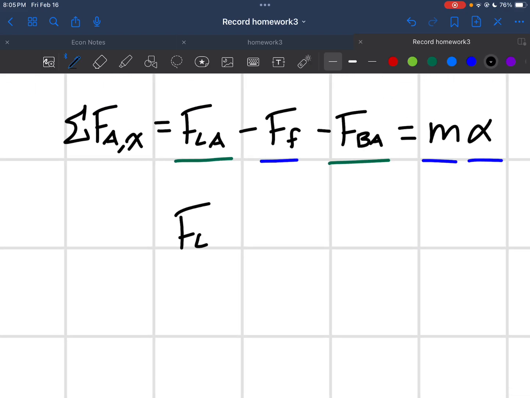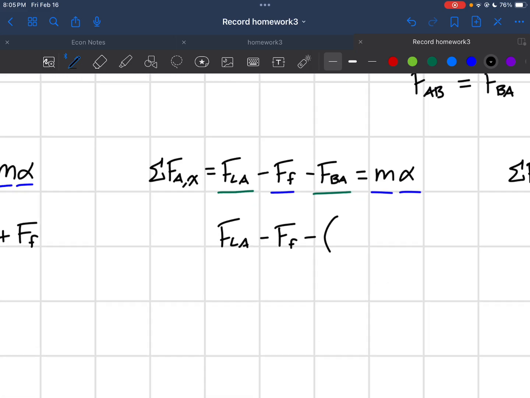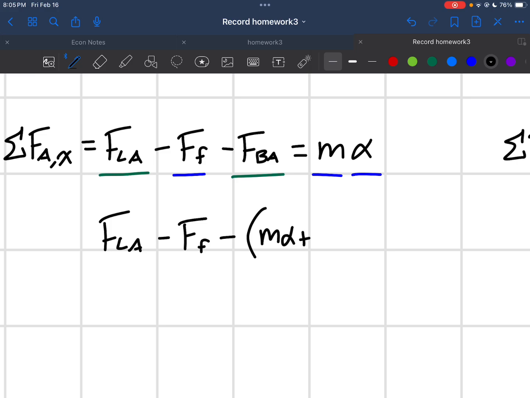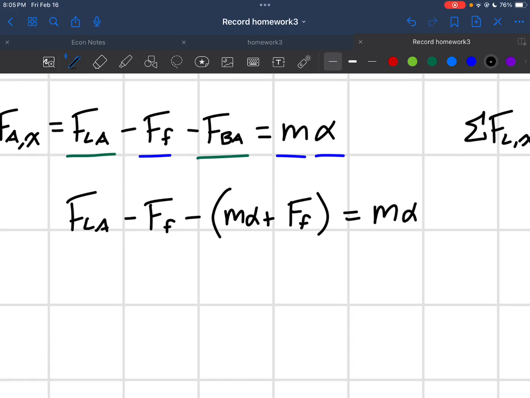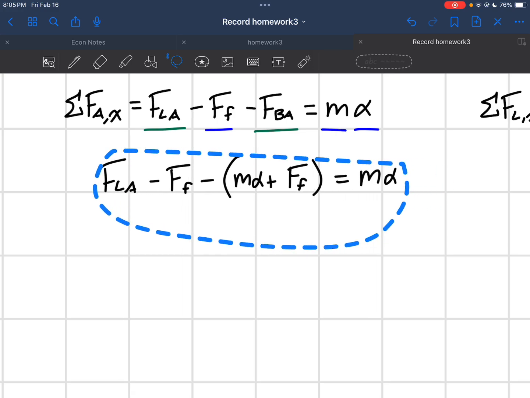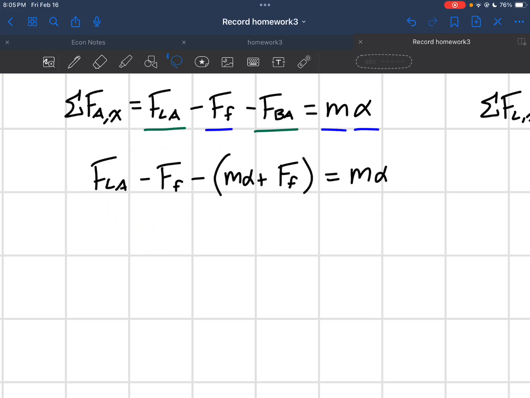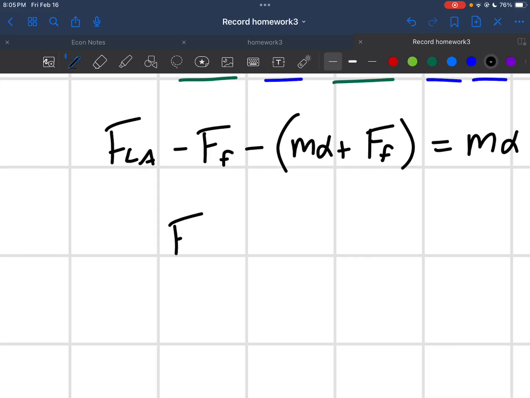So I'll have F_LA minus F_F minus (M alpha plus F_F) equals M alpha. Again, I know everything in this equation besides F_LA, so that's the one I'm going to solve for.